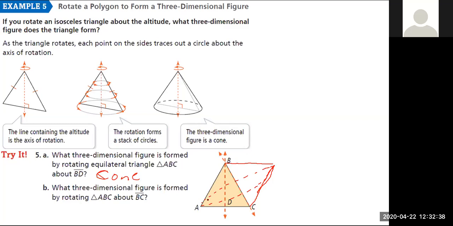So it's going to look kind of like a type of top, maybe. Two cones where the bases are connected. So it's not just one. So a 3D diamond. That's a good, yeah.